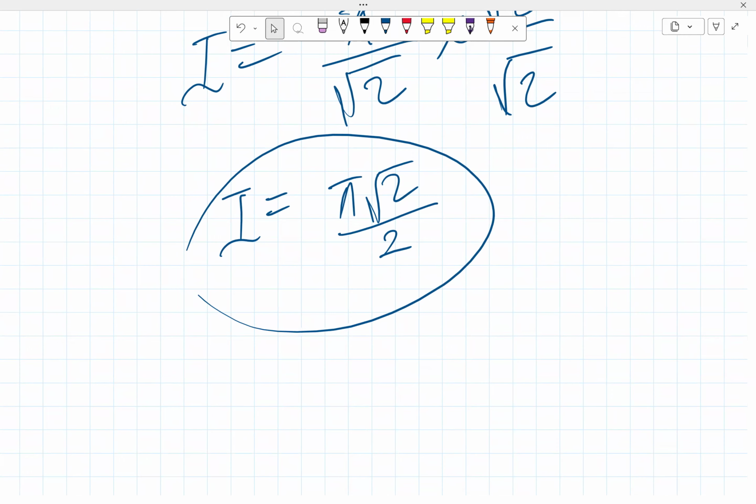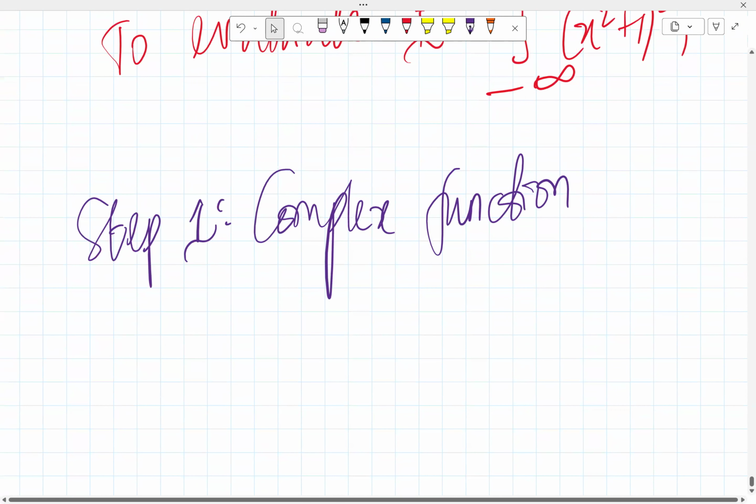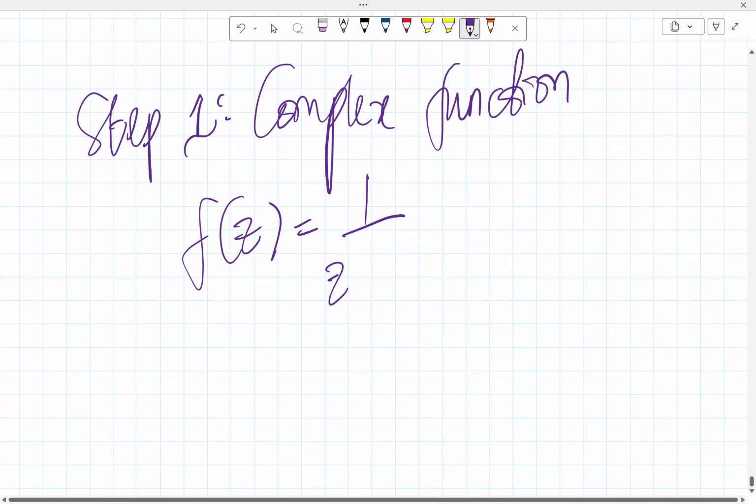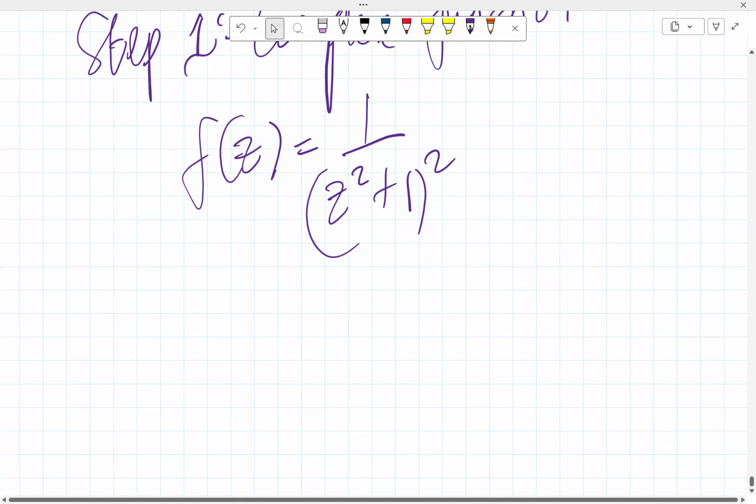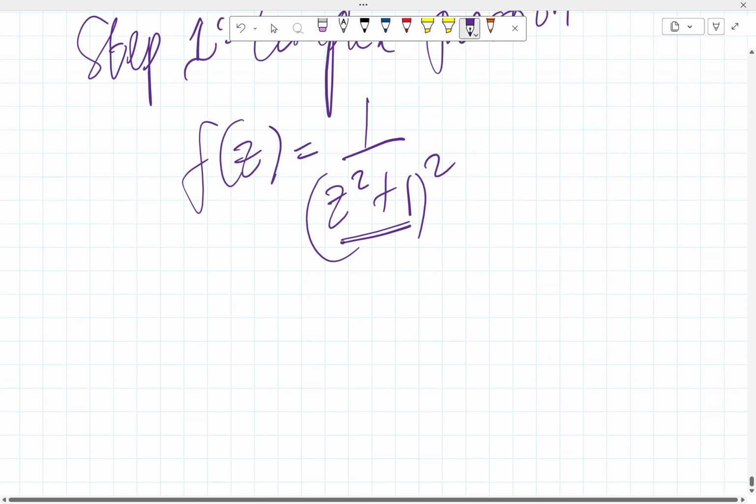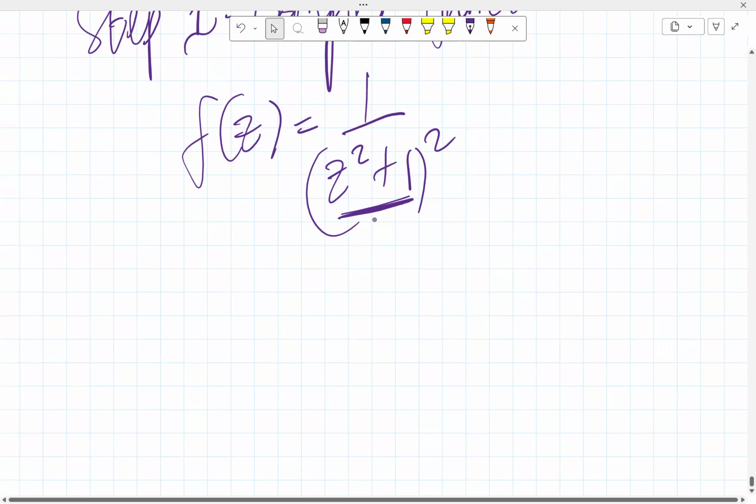So the complex function here would mean f of z equals 1 over x squared plus 1 all squared. So that'll be 1 over z squared plus 1 all squared, first of all. And then the functional part is this expression here, z squared plus 1.